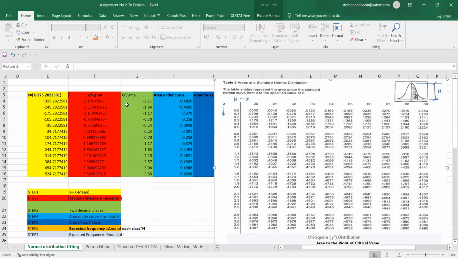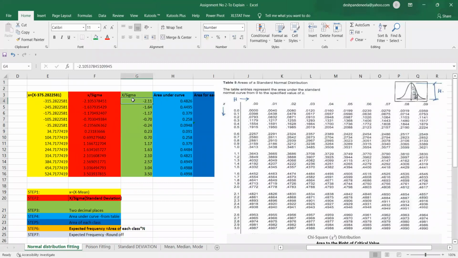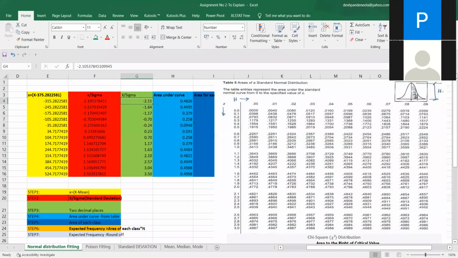Now you have to take this particular value, x divided by sigma, and see what the area under the curve is. Let us see how to check that. What is the number? 2.11. So first go to Z. It's 2.1 over here. Can I draw it with my pen?